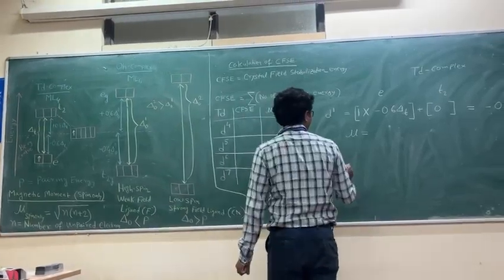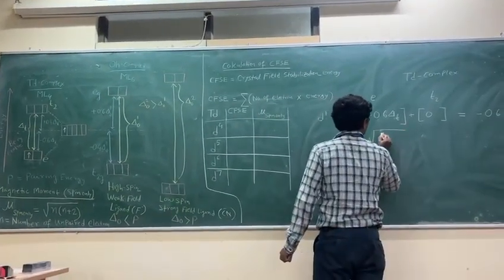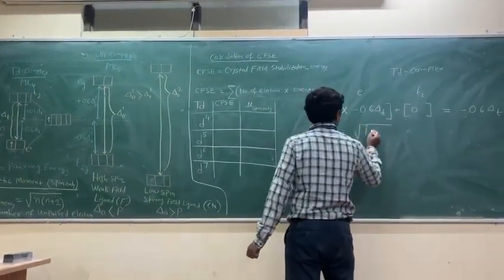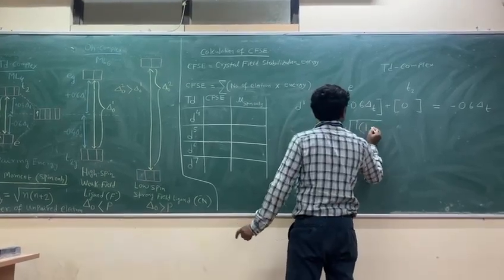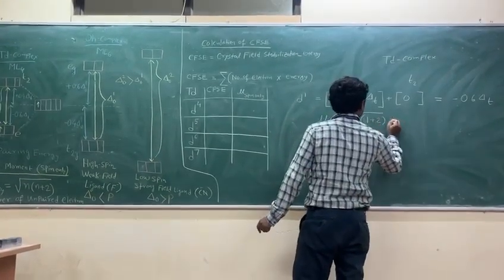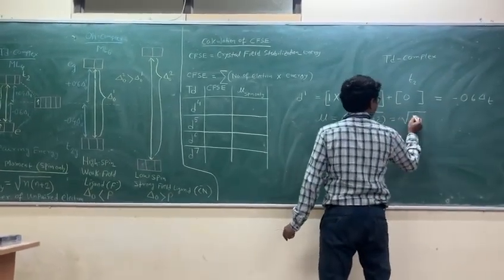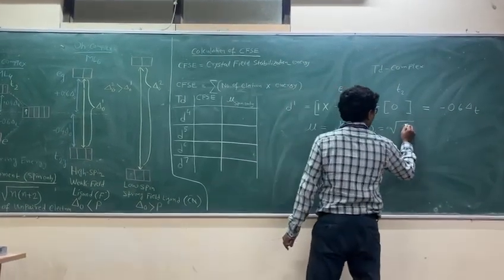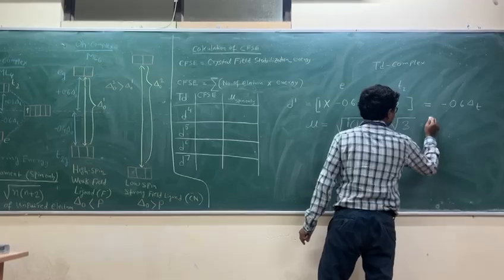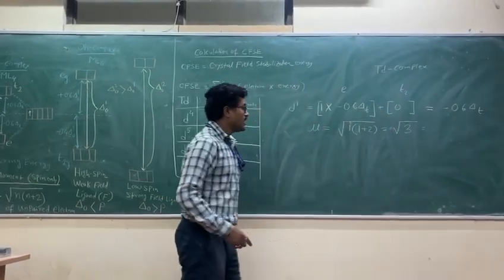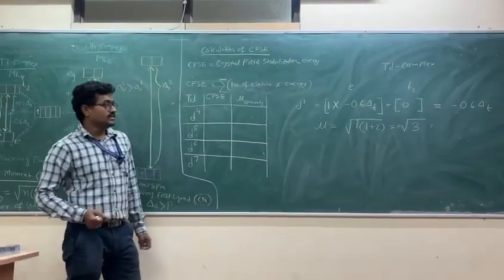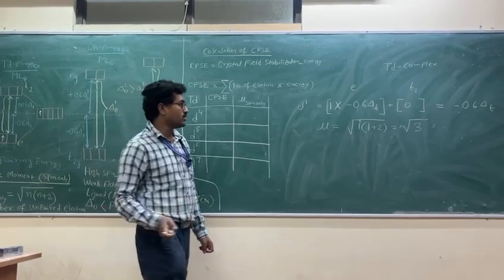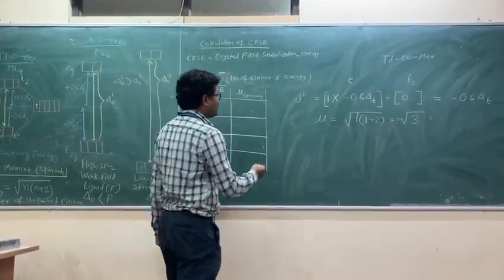So the magnetic moment mu will be root over n into n plus 2, where n is the number of unpaired electrons. That is 1 into 1 plus 2, which means 3, root over 3. If we calculate, it will come to around 1.73 Bohr magneton.